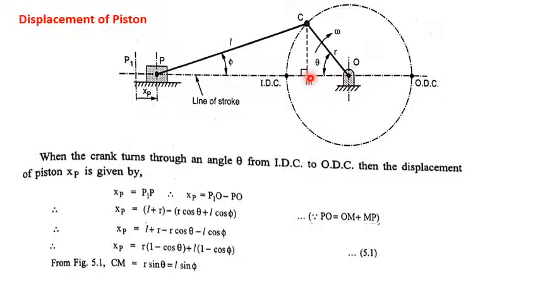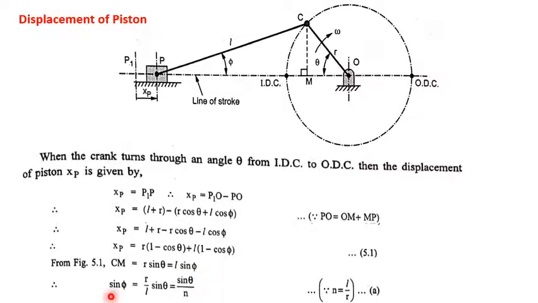Therefore, CM can be written as, for this triangle, the opposite side, so I get a sine term, R sine theta. For triangle CPM, this is the opposite side, so I get L sine phi. Both are equal because this is common for both triangles. Therefore R sine theta equals L sine phi.